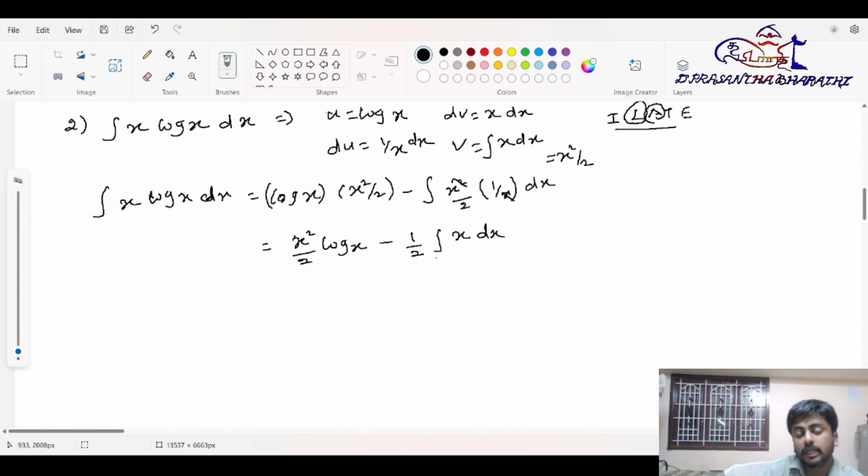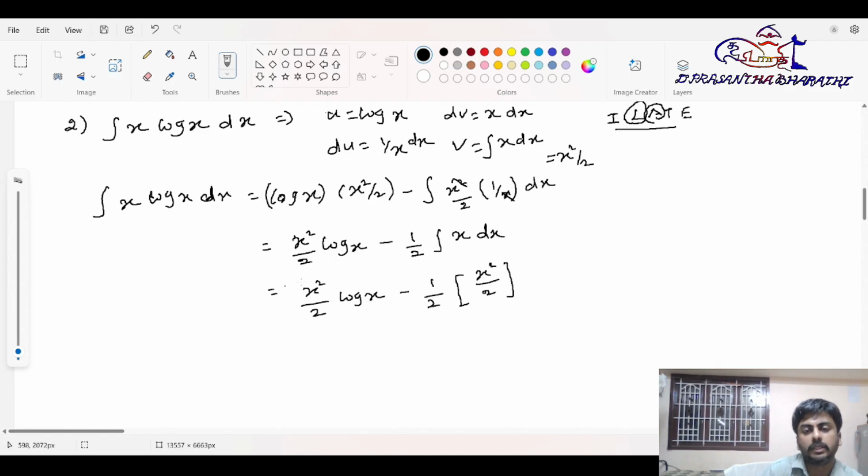Since you are getting the integral symbol here, you have to repeat the same process once again. Integration: x square by 2 log x minus 1 by 2 into integral x dx. The integral is now removed, so you will have x square by 2.